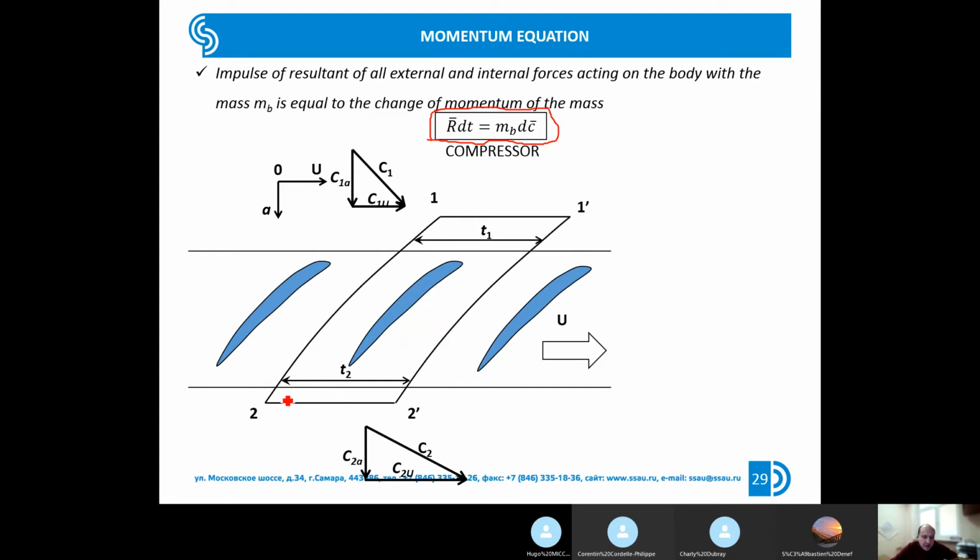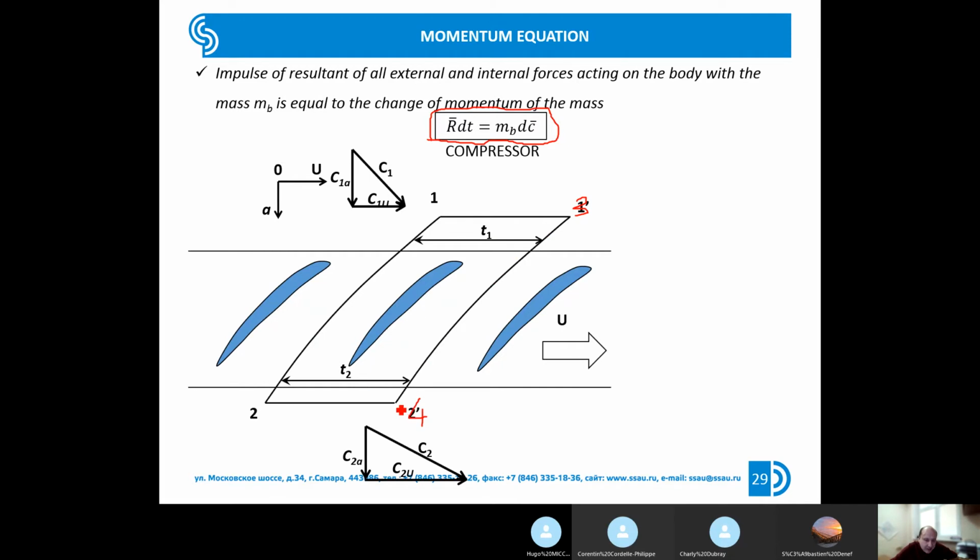The distance between the lines, 1, 3 and 2, 4, is equal to the pitch between the blades.